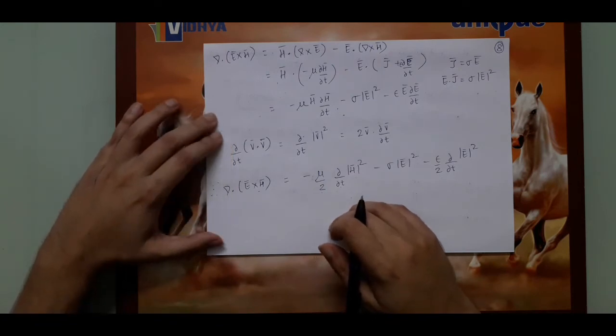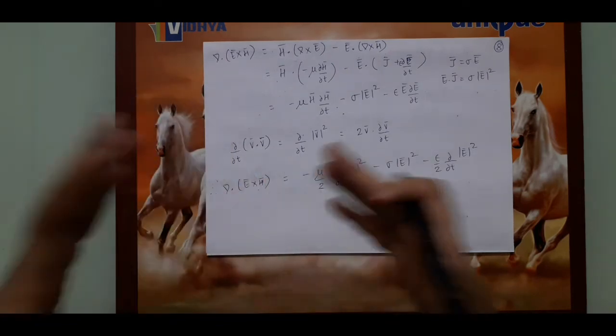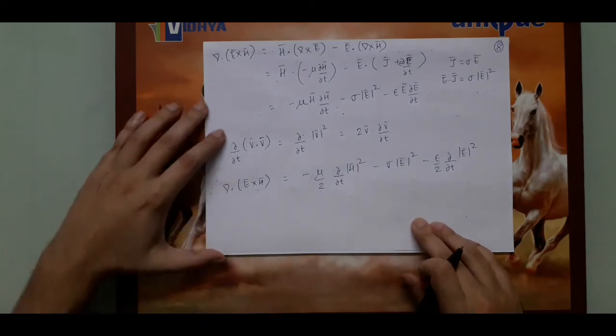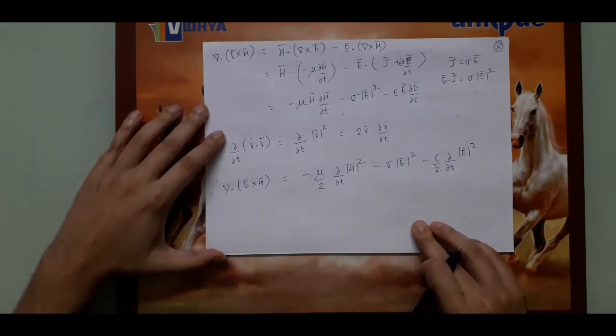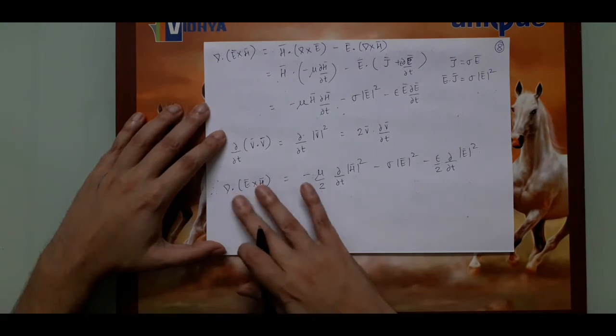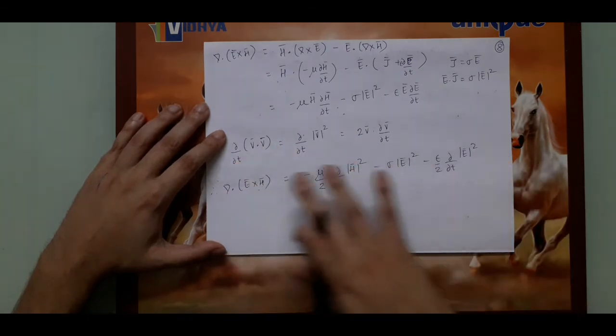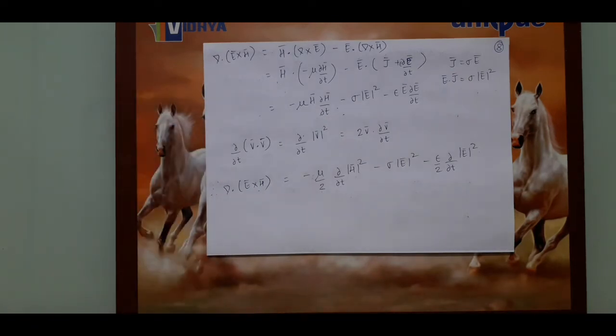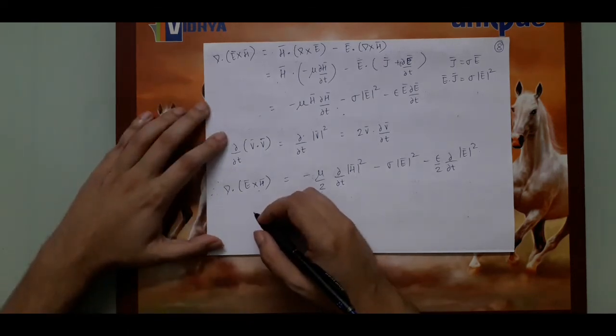So the effective power or the energy will be obtained when we do the volume integral of this entire thing, because we are now looking at 3D space. So what happens now?